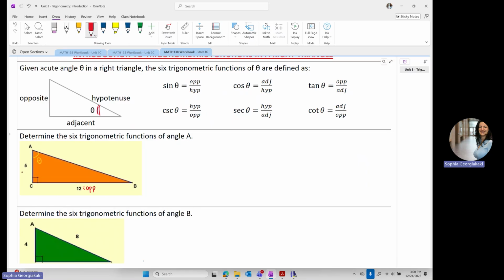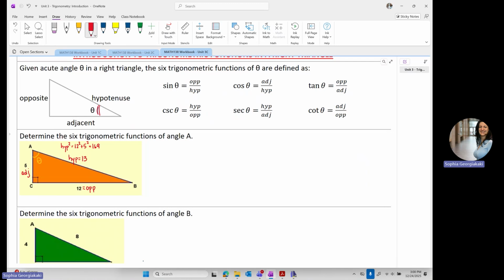The adjacent is 5, and we need to find the hypotenuse by doing the Pythagorean theorem. Hypotenuse squared will be 12 squared plus 5 squared. That's 169, and therefore the hypotenuse is equal to 13.